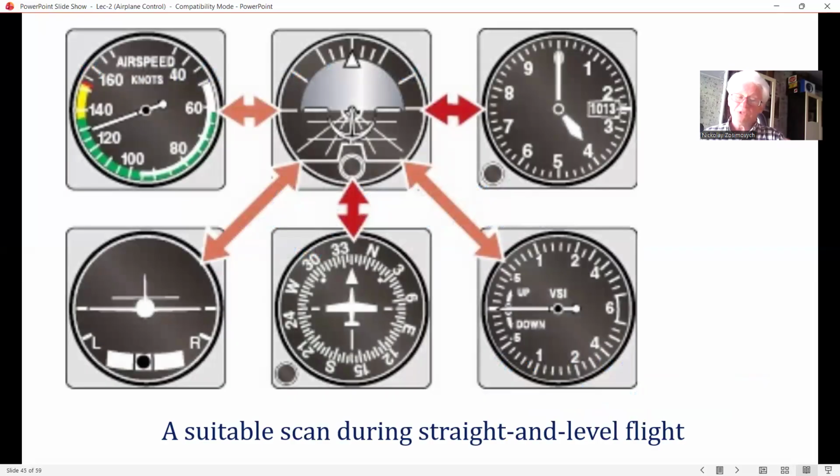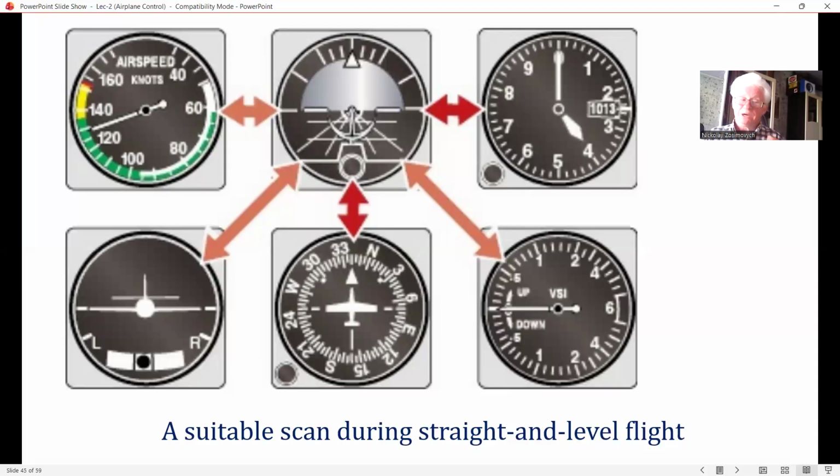Occasionally, the eyes will have to be directed away from the main flight instruments for a short period. For instance, when checking the power indicator during or following a power change, or when periodically checking the oil temperature and pressure instrument, the ammeter, or the suction vacuum gauge, realigning the heading indicator with the magnetic compass, referring to an instrument approach chart, filling in the flight log, or tuning a radio.